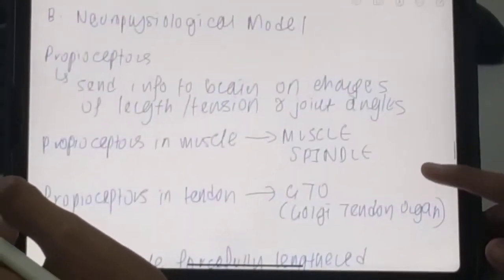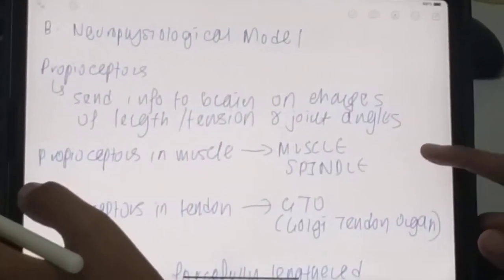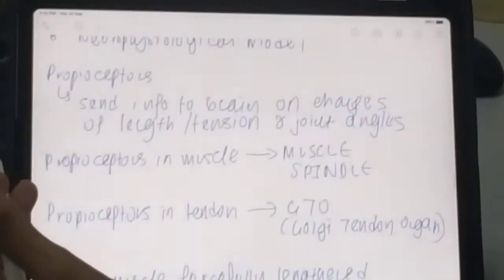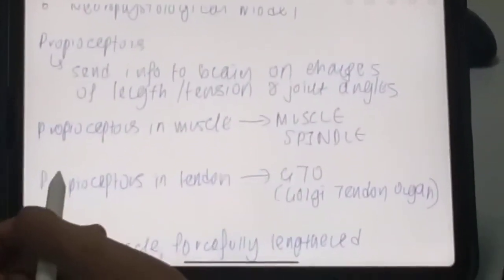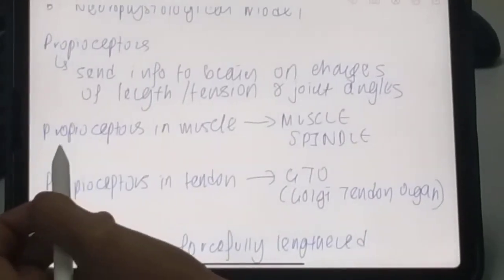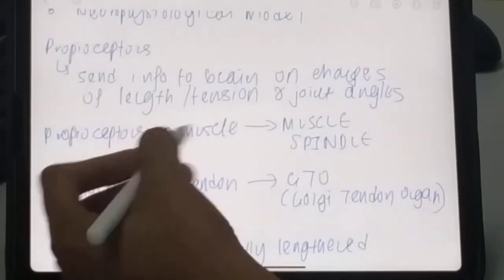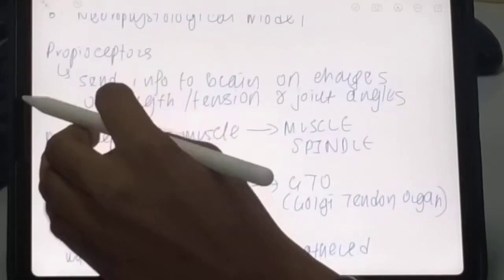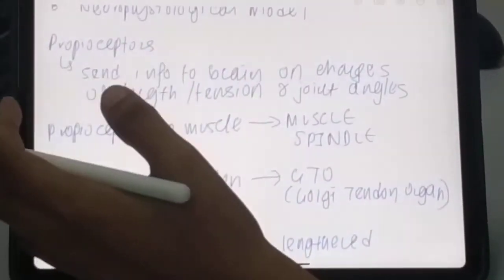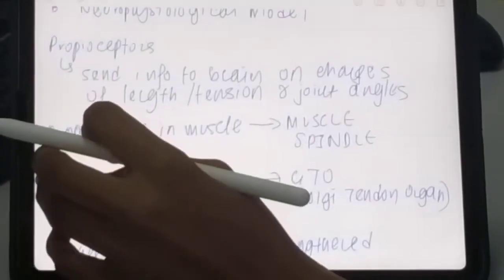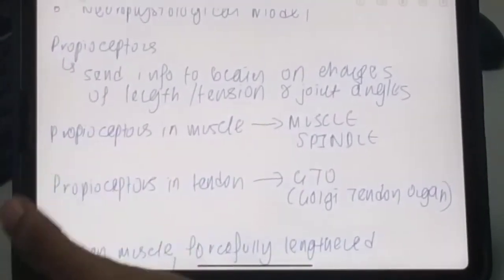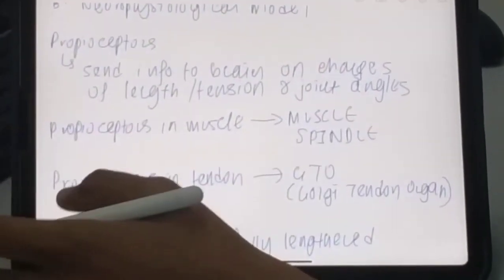So the neurophysiological model. I think I mentioned proprioceptors in muscle. Last week I was talking about the anatomy and the function. The proprioceptor in muscle is the muscle spindle. What they do is send information to the brain regarding changes of length, tension, and joint angles.